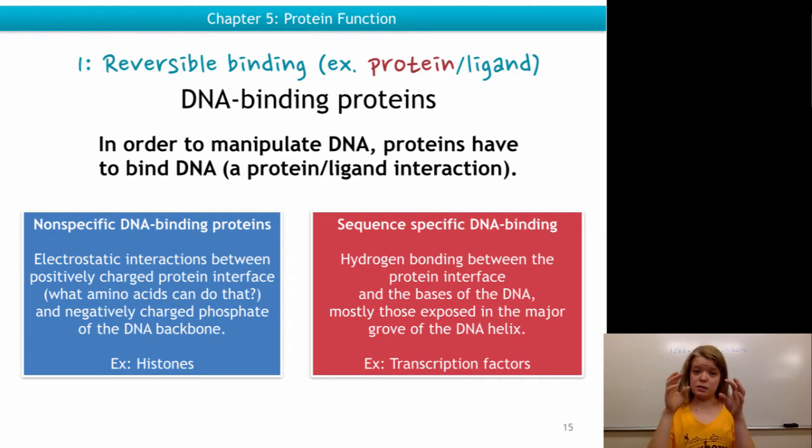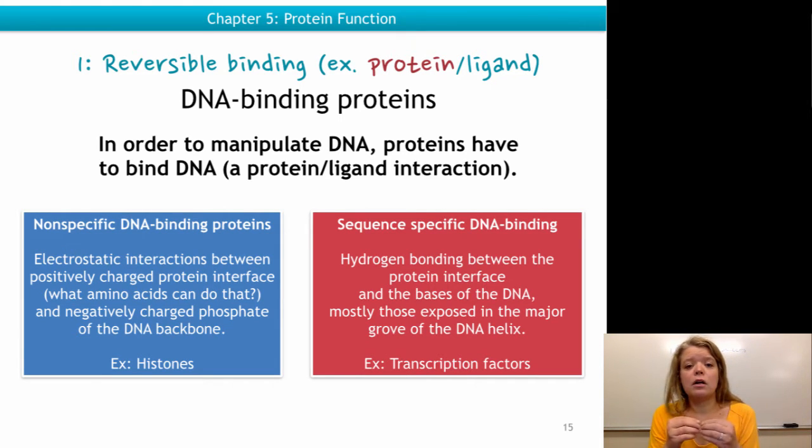And there are sequence-specific DNA binding interactions between the proteins and the DNA. An example of that are transcription factors, which are proteins that help to recruit RNA polymerase to the area that needs to be converted into mRNA.